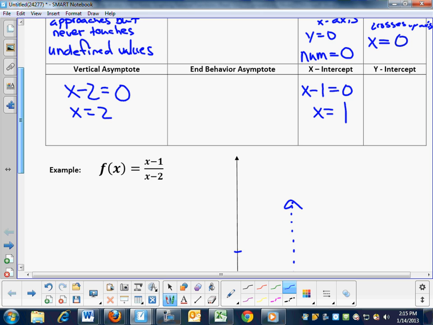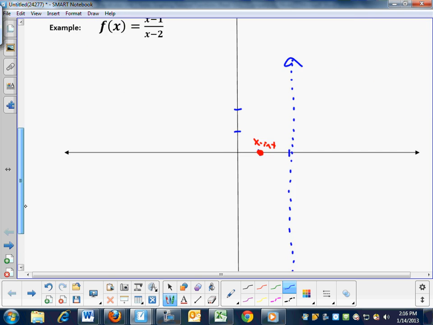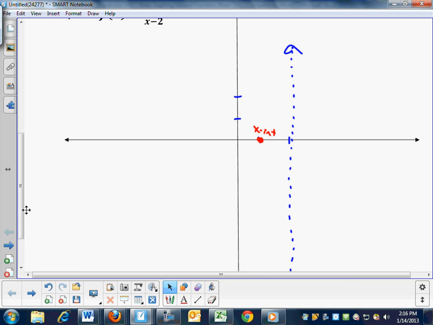So in order to find the y-intercept, I'm going to plug in 0 for x and solve. 0 minus 1 over 0 minus 2. What does that give you? Negative 1 over negative 2, which is 1/2. So the y-intercept is positive 1/2. We mark that.